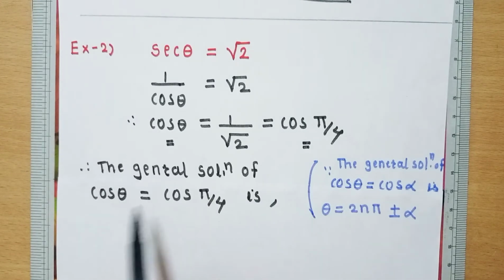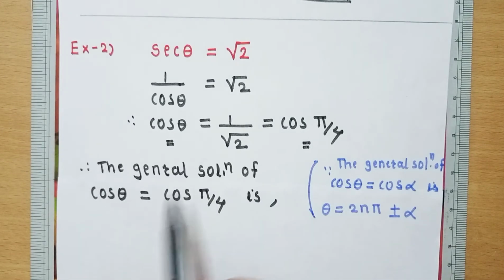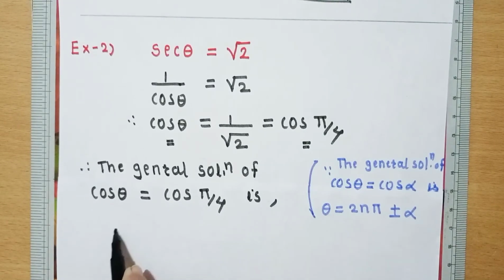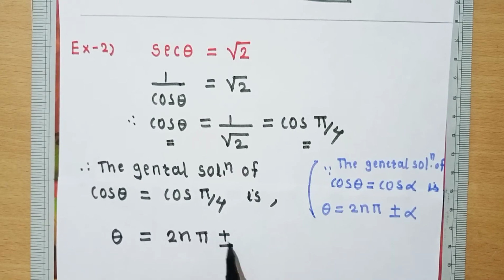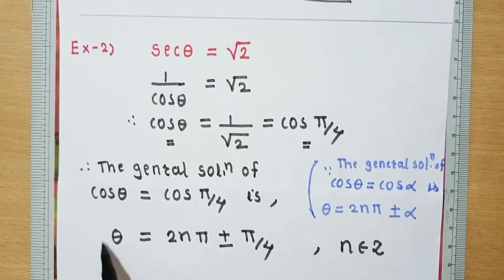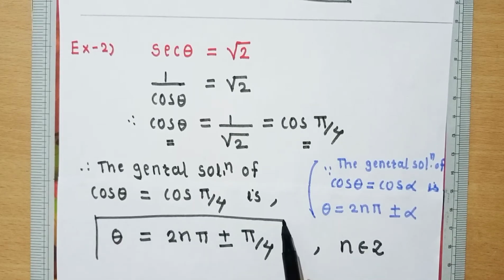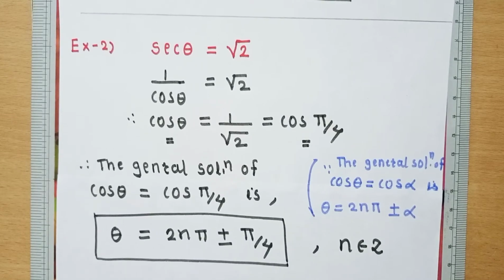Therefore, the general solution of cos theta equal to cos pi by 4 is, write down here theta, that is equal to this 2n pi as it is plus minus, and instead of alpha we will write pi by 4, where n belongs to z. This is the solution of the given example.